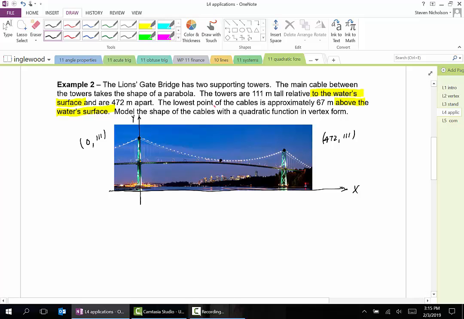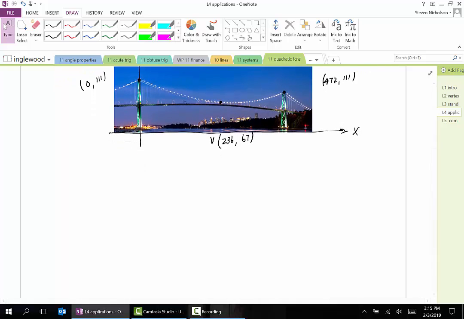I know the vertex is in the middle, so it's 236 meters, and the story tells me that it is 67 meters above the water. So again, if I understand that I'm given the vertex, then vertex form is really probably the way to go.